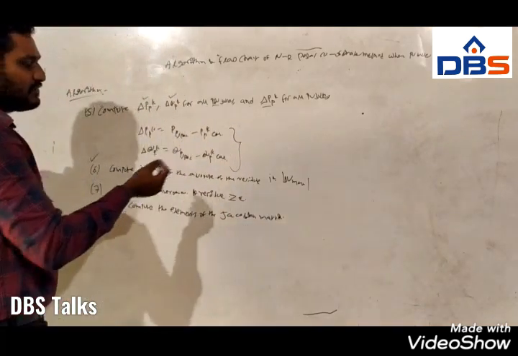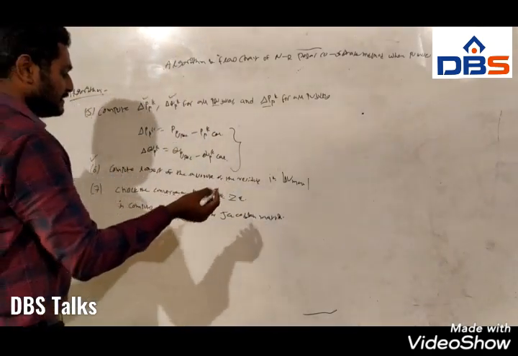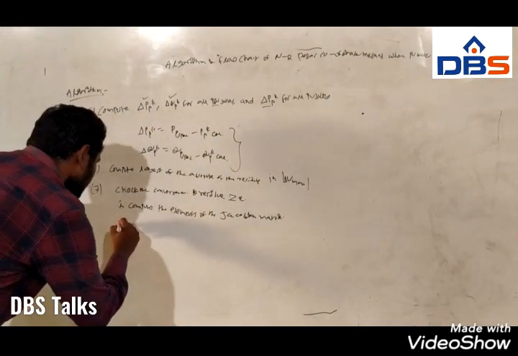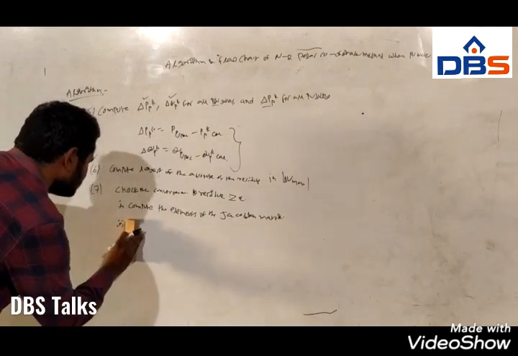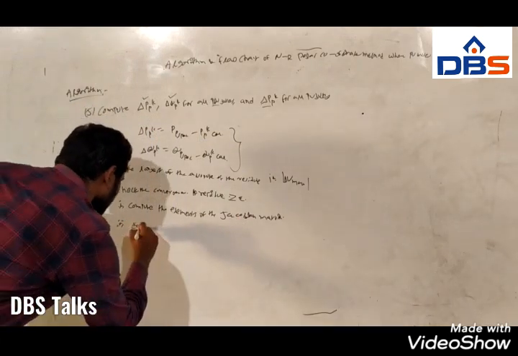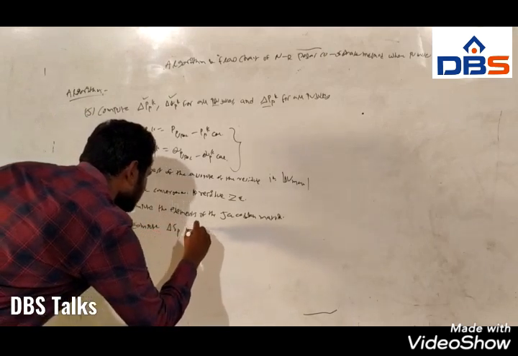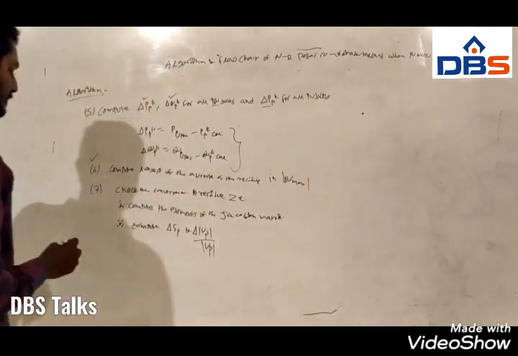Already we have found the Jacobian matrix for all PQ buses and PV buses. So by using those equations, we have to calculate the elements of the Jacobian matrix. And secondly, compute delta P and delta |V|/|V|.